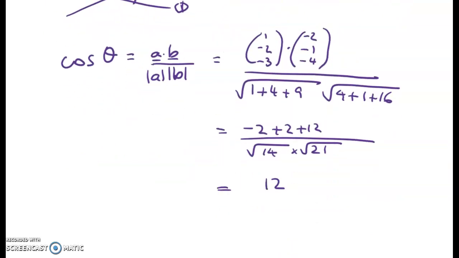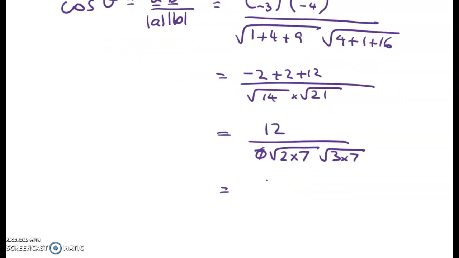So you can whack that into your calculator if you want to, but I cleaned it up a wee bit first, and I got, I'll just do this slowly so you can see what I'm doing with the surds. I've got 2 7s and 3 7s, so that works out to be 12 over 7 root 6.